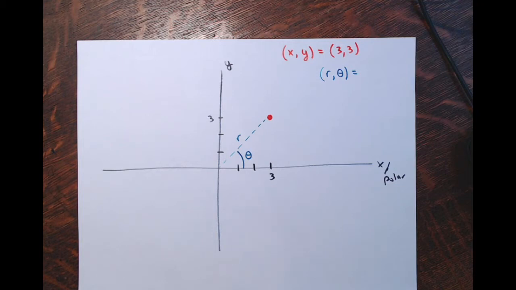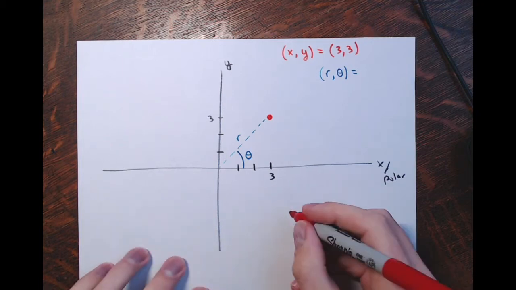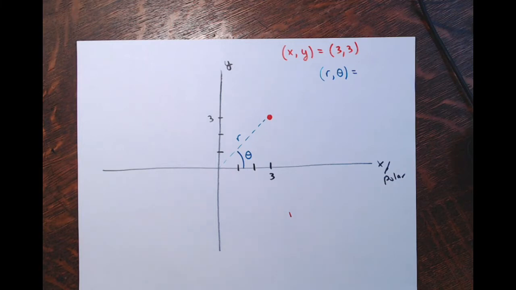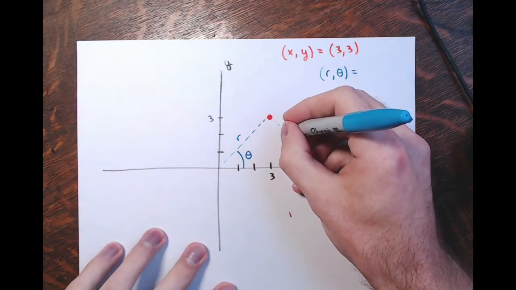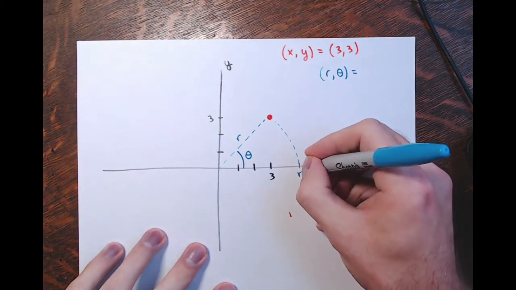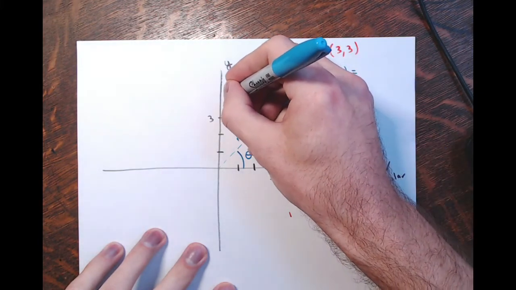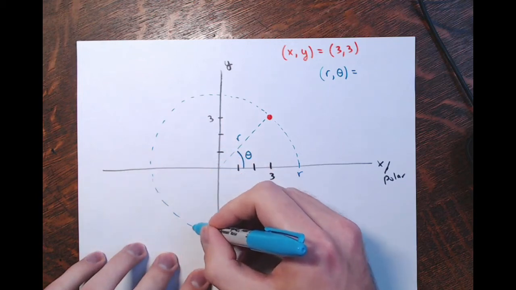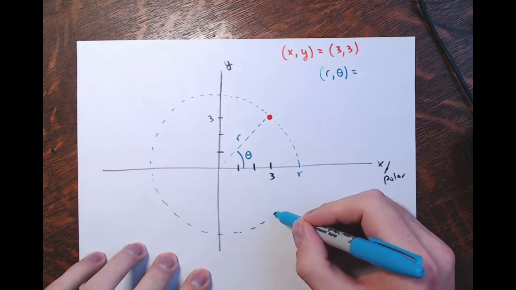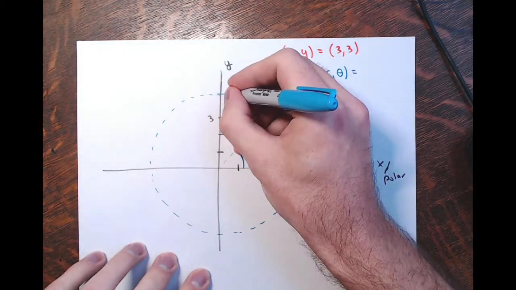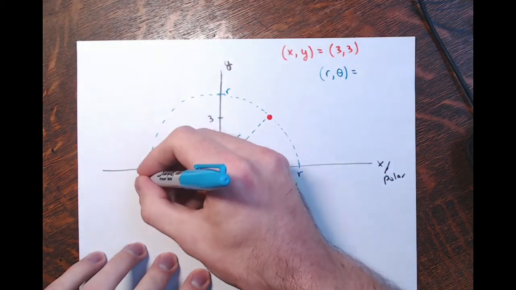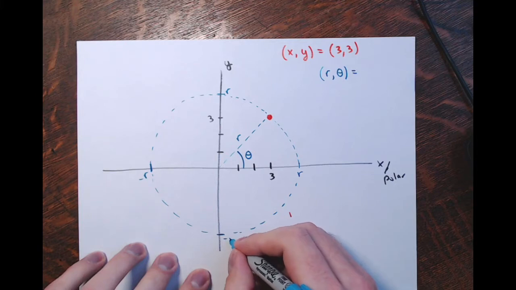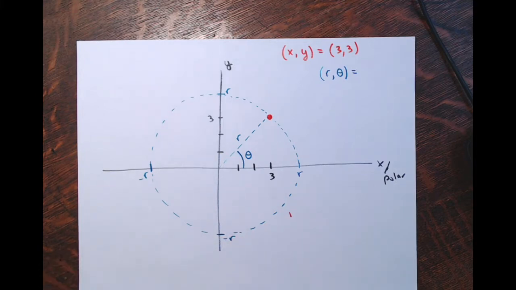Okay, well here come those relationships. I'll draw a circle in as well. We're trying to find this r, this circle of radius r that we're traveling on. This might not look like a great circle, I apologize. So then here's r on the vertical axis, negative r on the polar axis, negative r on the vertical axis.